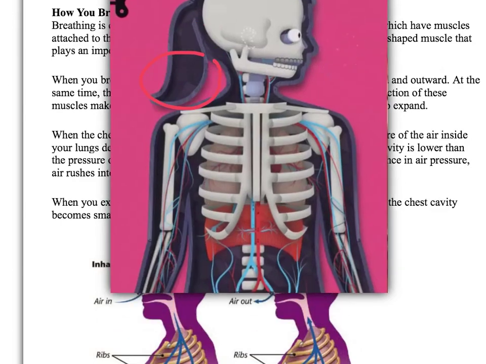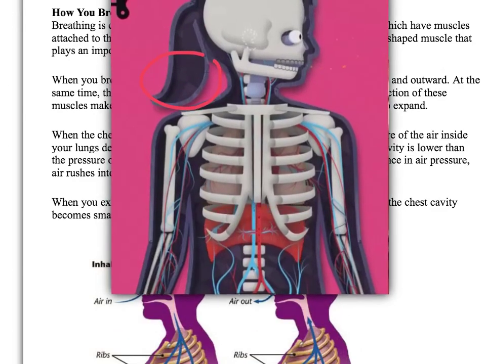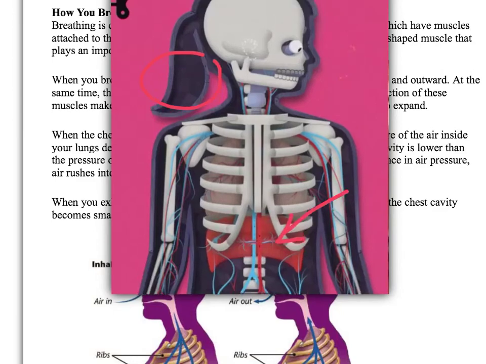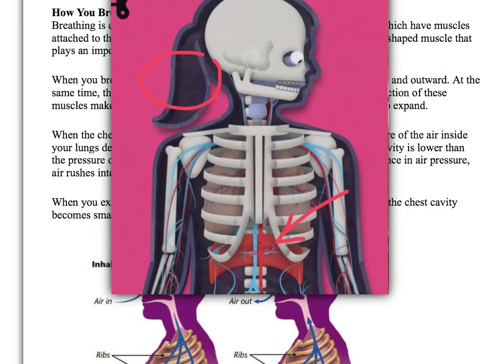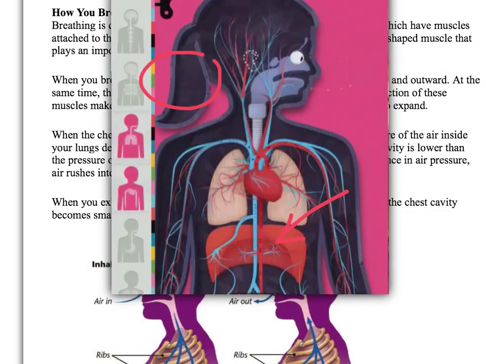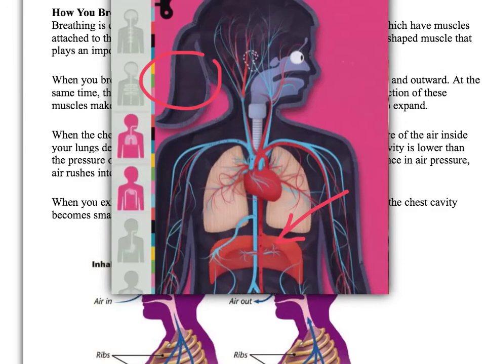So here we can see how the diaphragm, which is this here, contracts. Now the ribs are going to come out in a second. And then here we see, when the diaphragm contracts downwards, air rushes in. And you could see the heart pumping at the same time.